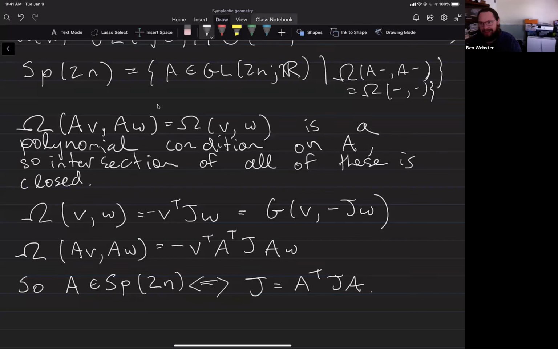And so I'm taking this expression and writing it in terms of dot product. And I can do the same thing for AV and AW. And so I have actually a pretty nice, manifestly polynomial expression for what it means to be a symplectic form.